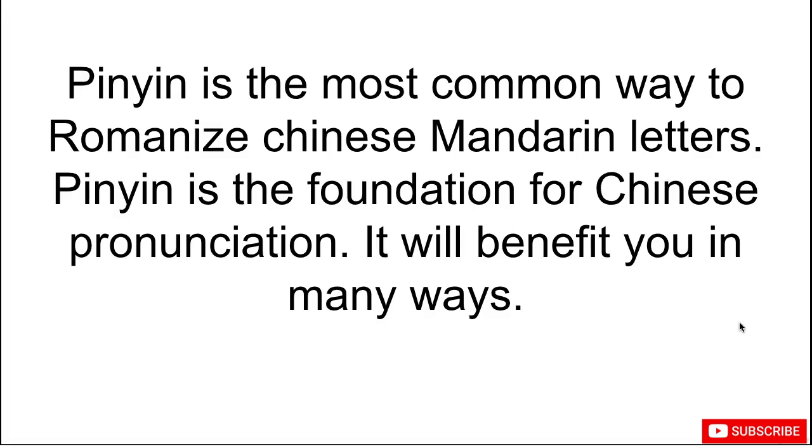So the Roman characters are the alphabets A, B, C, D, E, F, G, H till Z, and then a combination of them. So Pinyin is the most common way to romanize Chinese Mandarin letters.